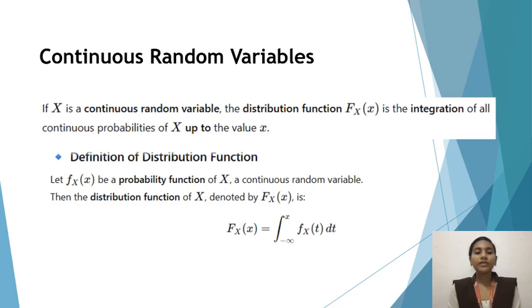Let small fx of x be a probability function of the random variable capital X, which is a continuous random variable. Then the distribution function of the random variable x is capital Fx of x is equal to integral from minus infinity to x of fx of t dt.